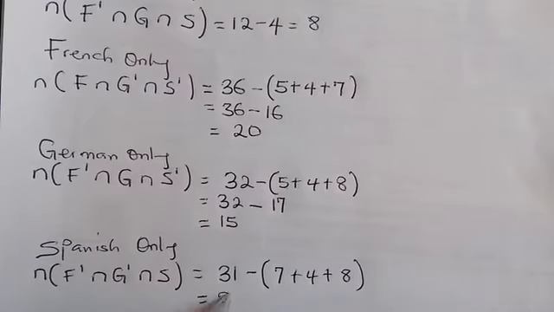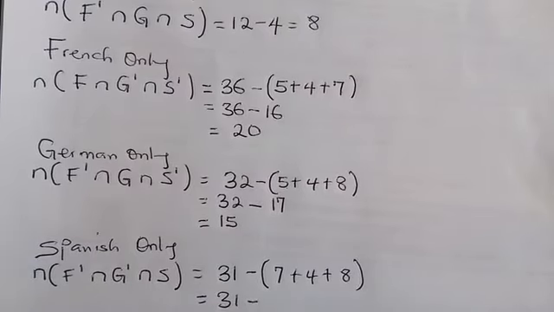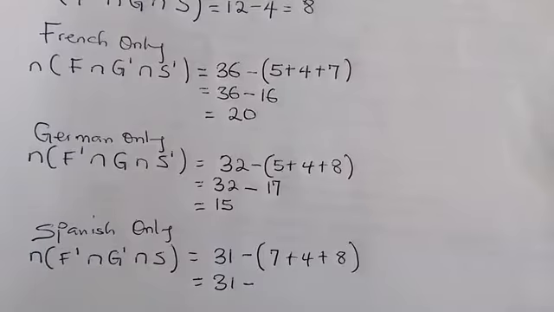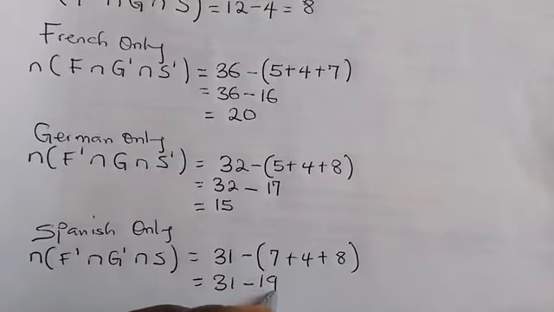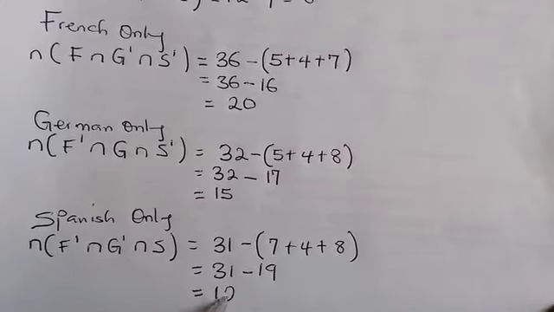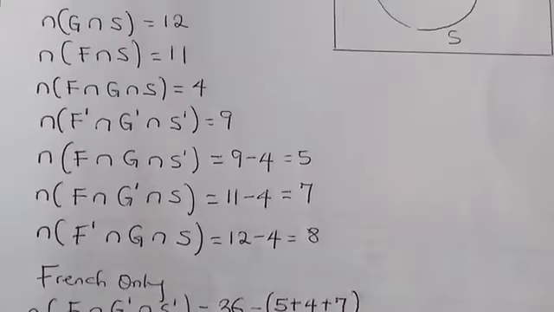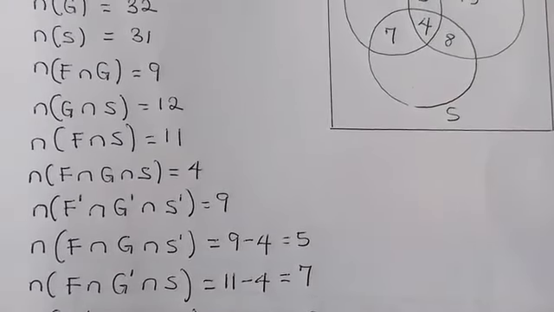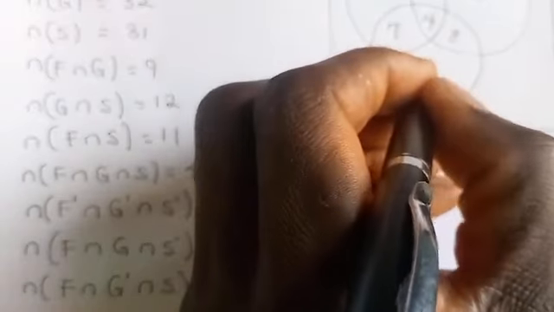That's equal to 31 minus, 7 plus 4, we have 11. 11 plus 8, we have 19. And 31 minus 19, that's equal to 12. So 12 is the number of boys that offered Spanish only.